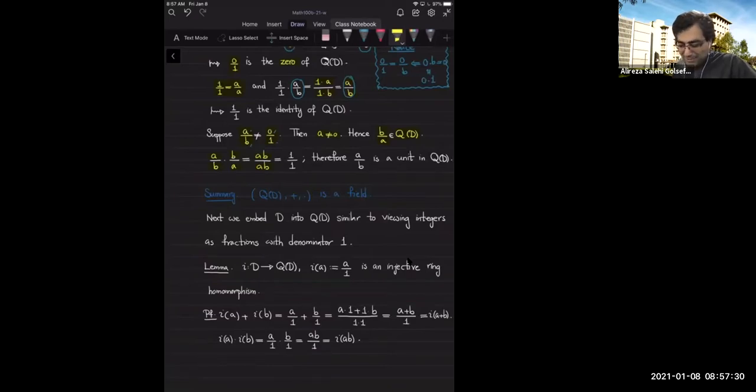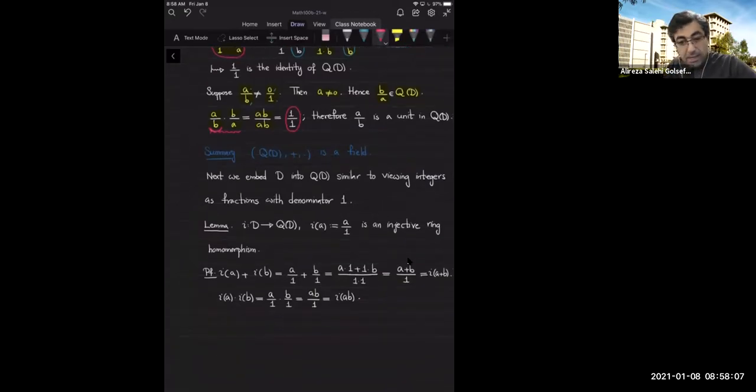But then, as we discussed, any element over itself is the same as 1 over 1, and therefore this product is the identity of the ring Q(D). Therefore a over b is a unit, because I managed to multiply it by something else and end up getting 1, the identity of this ring.